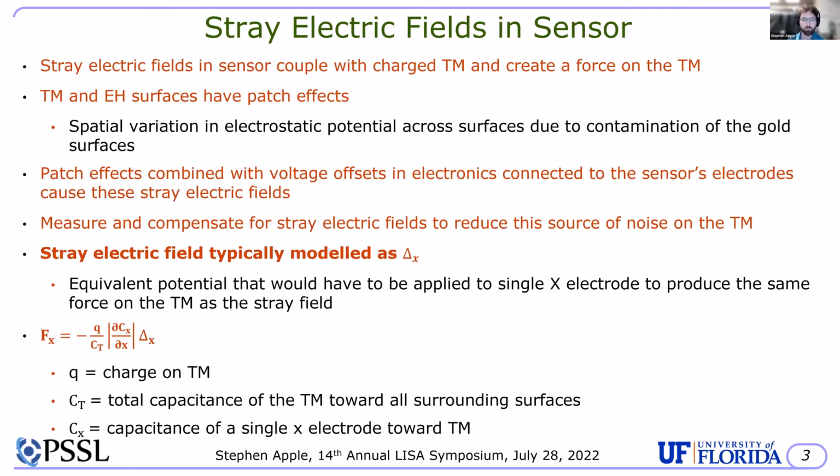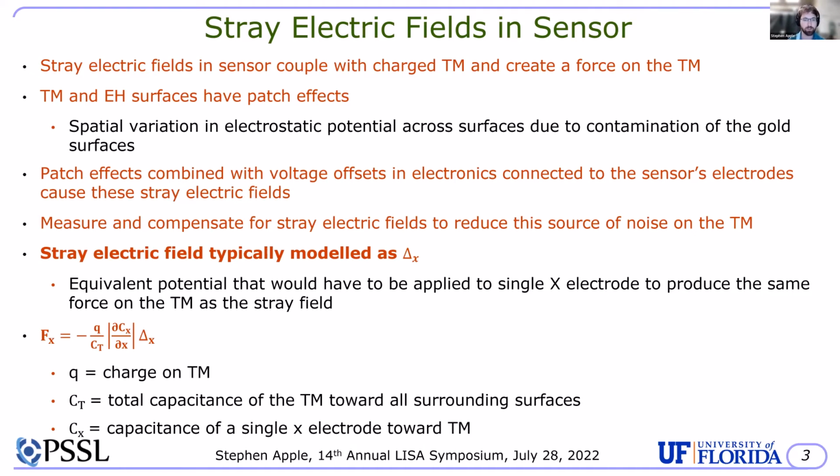So today I'll be talking about one source of noise on a LISA GRS, which is stray electric fields in the sensor. Stray electric fields can couple with an electric charge on the test mass and create a force that perturbs the test mass from its purely geodesic orbit.